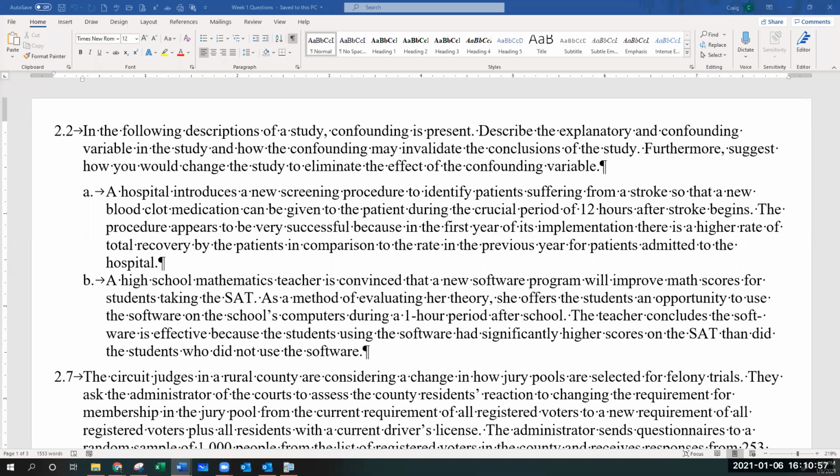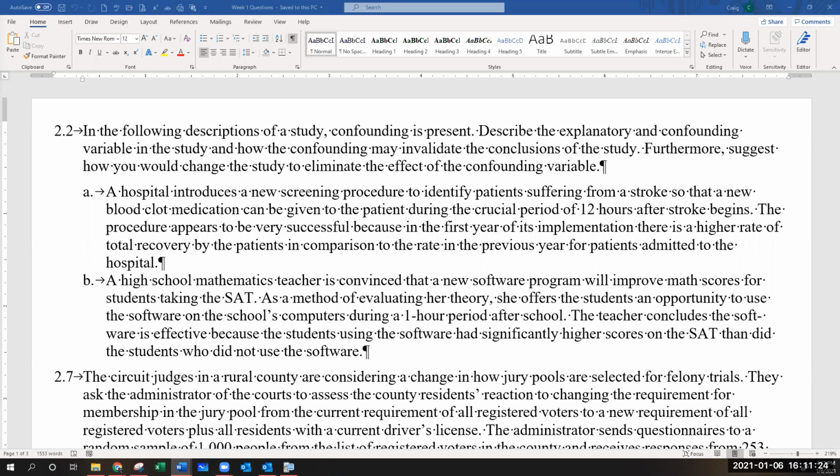The confounding variable is really the year in which the patients were admitted to the hospital, because as you kind of got at with your questions, the difference between what happened with the patients last year or the year before and what's happening with the patients this year is a huge difference, and so that really muddies the waters. Okay.